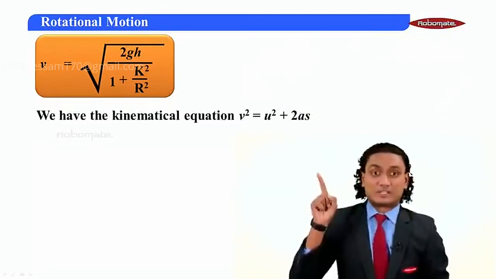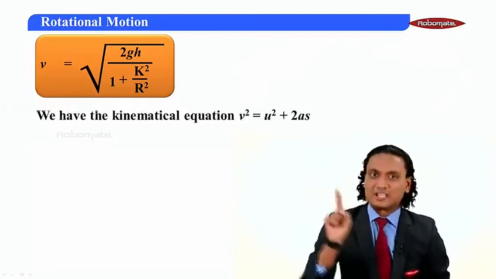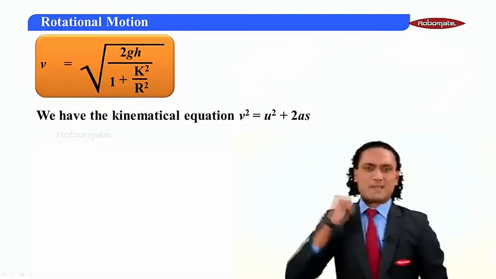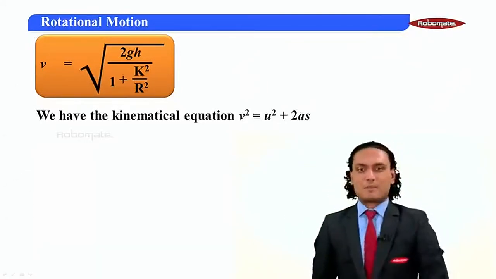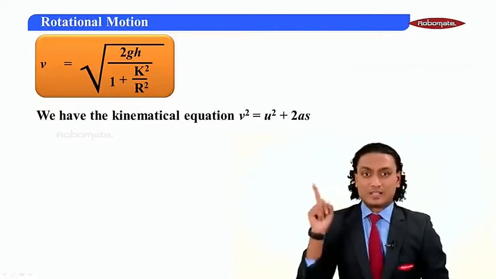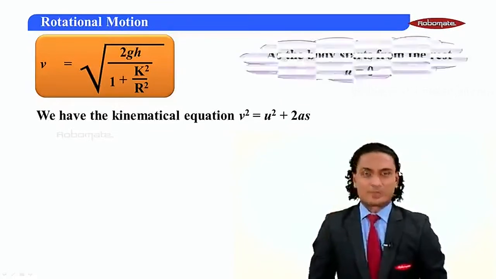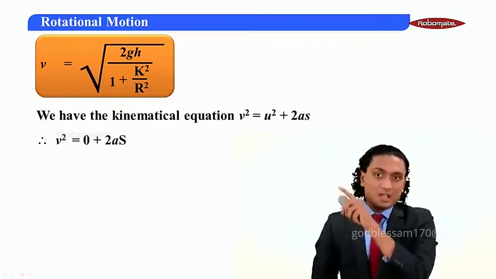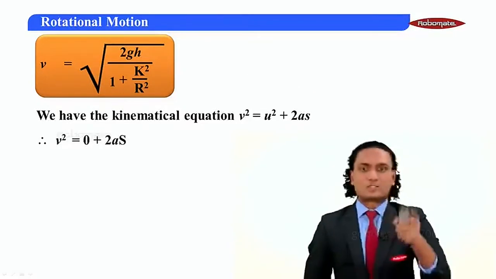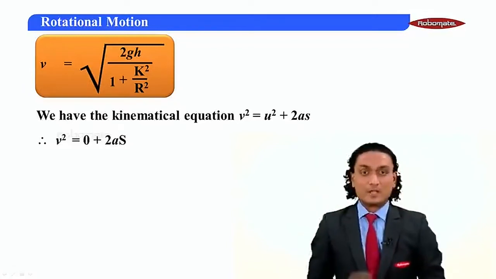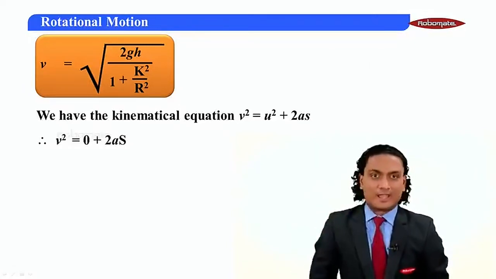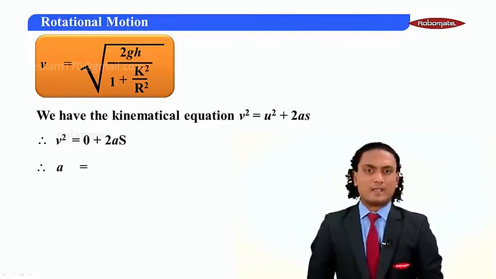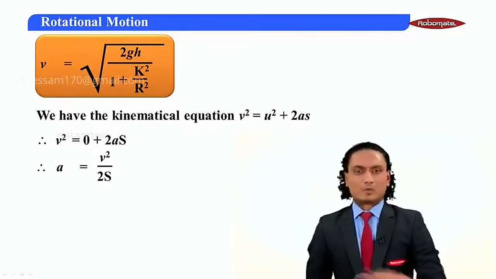This equation is very special because it is time independent. We need not use time over here. We know that the initial velocity of this sphere was 0. So U was 0, and the equation becomes V square is equal to 0 plus 2AS. We need to find A, so A will be V square upon 2S.